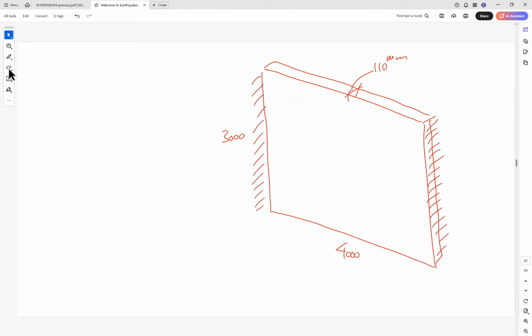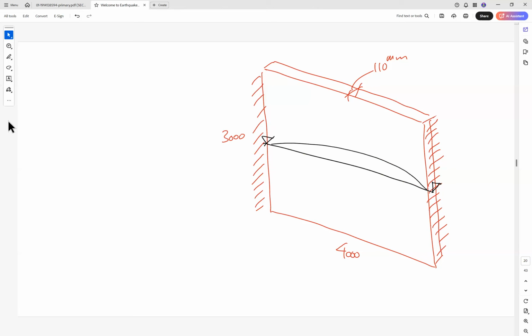So the bending of this wall will be in the horizontal direction like that.